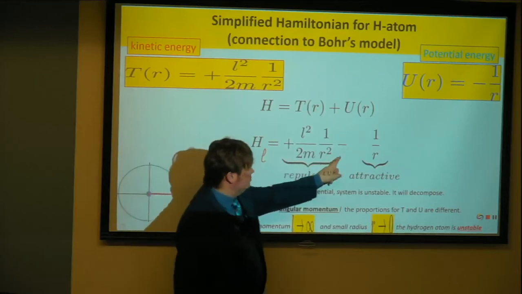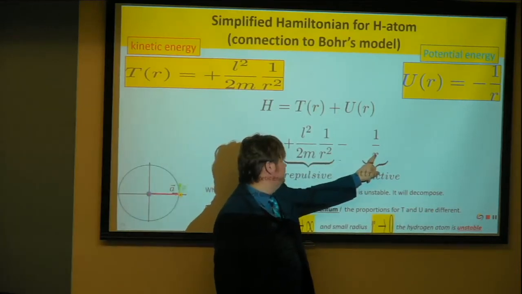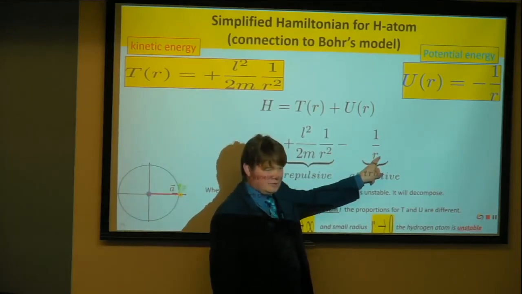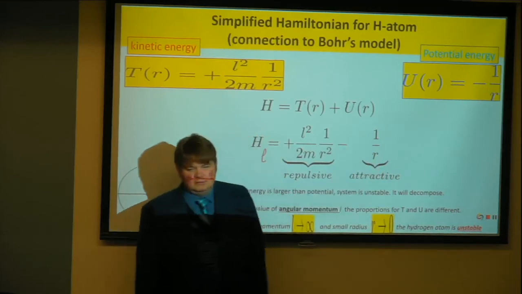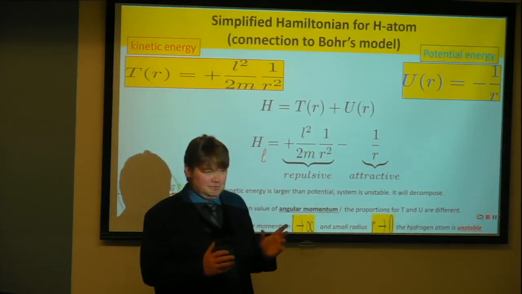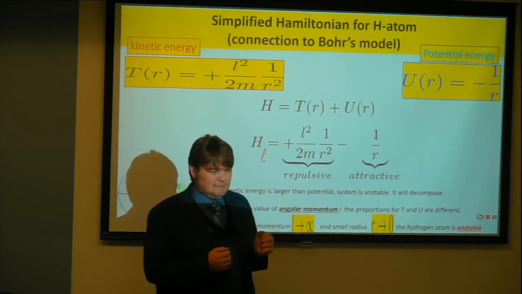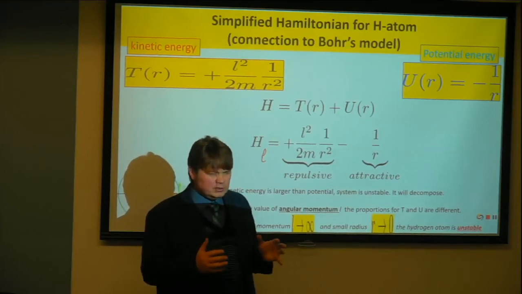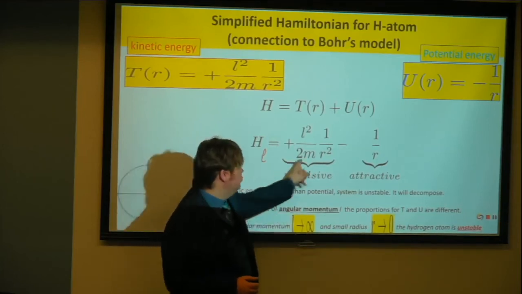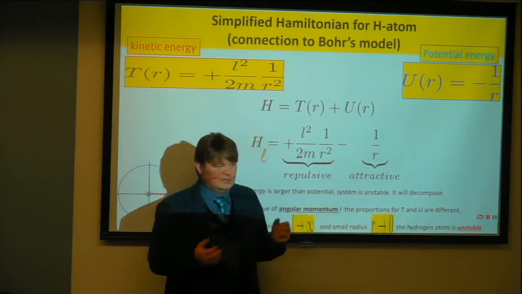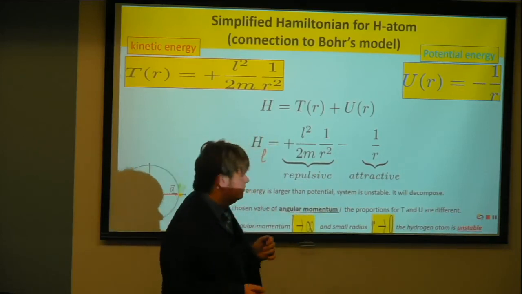Plus term, repulsive; minus term, attractive. A flash of red light. This is a key point. We already agreed on the fundamental concepts, and from a mathematical point of view, this one is exactly what the rest are, follow-up derivations.